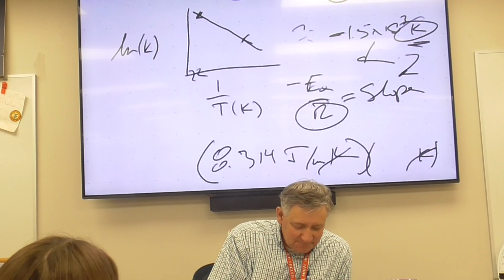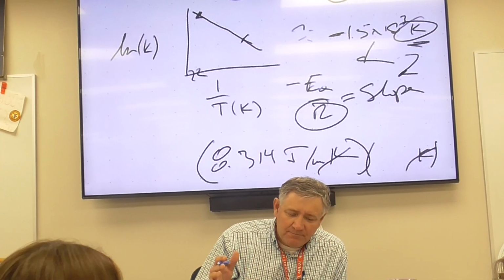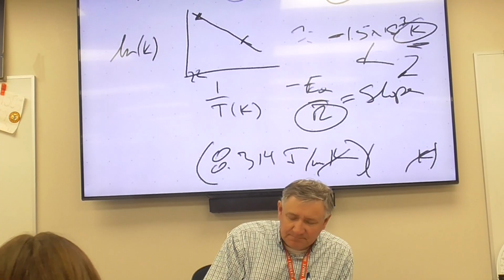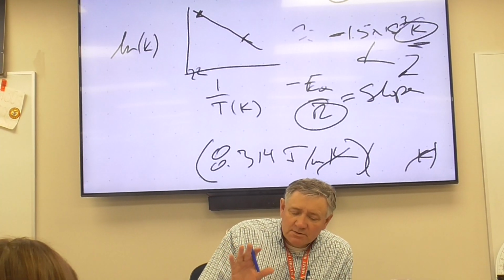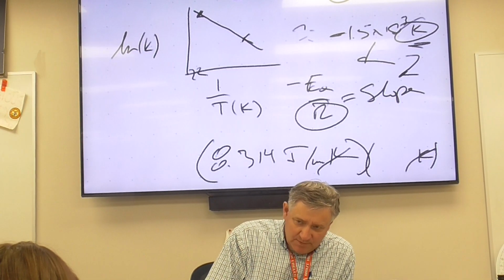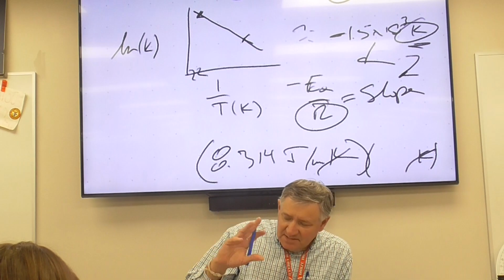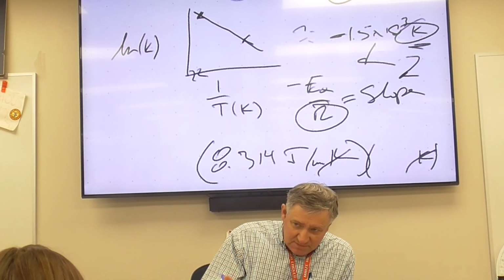Now, your activation energy, if you're in joules, should be around 1.2 times 10 to the 4th. But there's some deviance on that depending upon which points you pick for your slope.